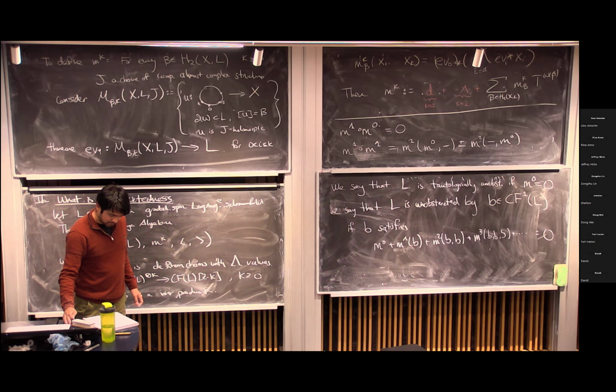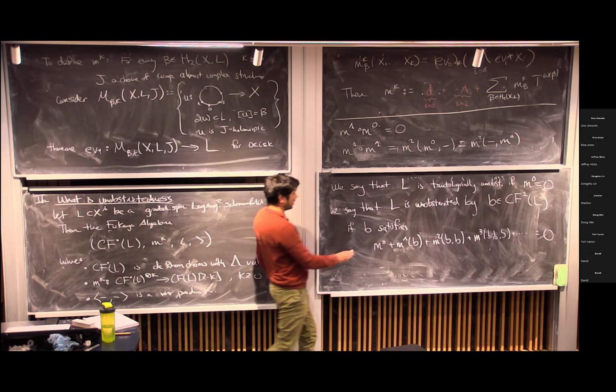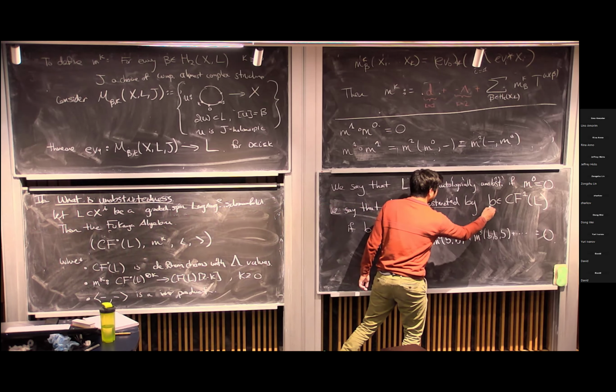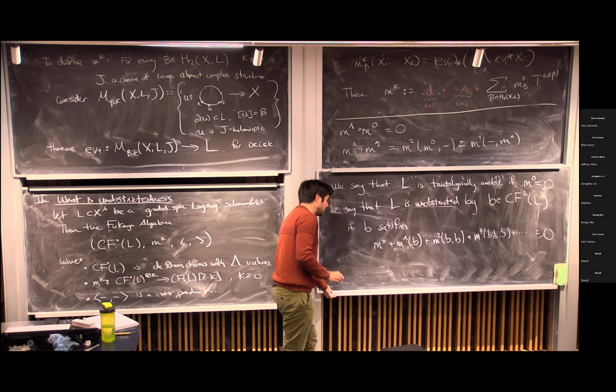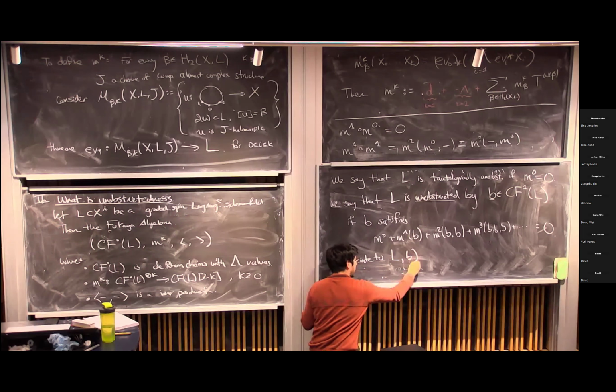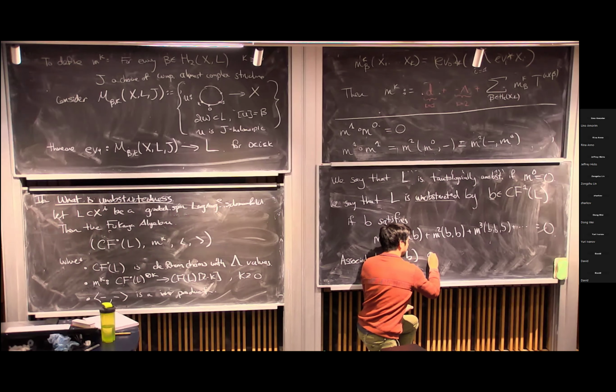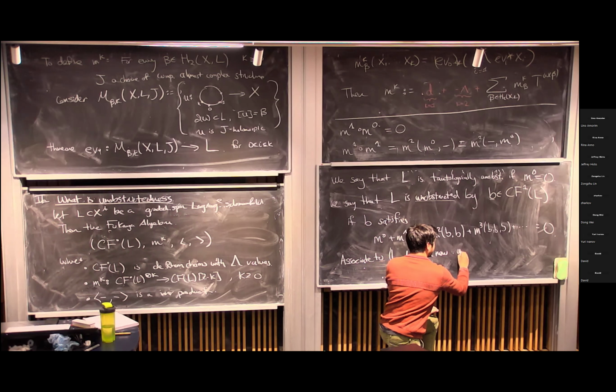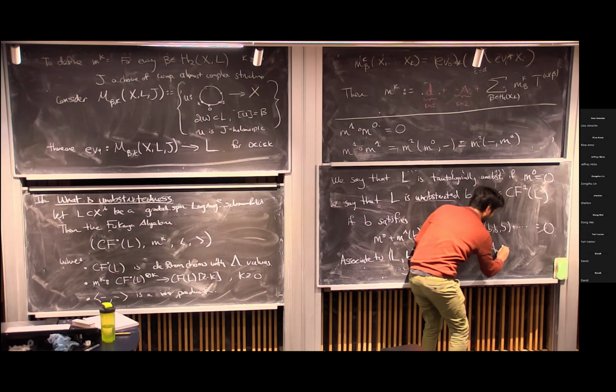And the reason that this unobstructed condition by B is useful is that we can associate to the pair (L, B) a new uncurved A-infinity algebra.